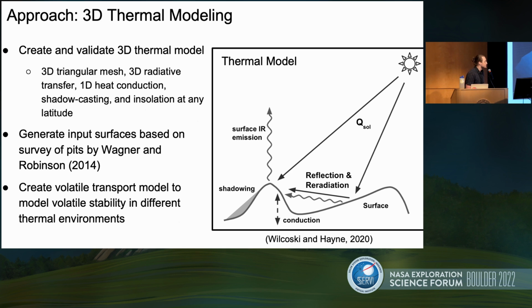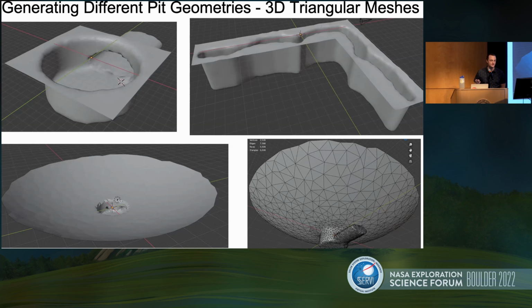I can show you a couple of examples of some different pit geometries that we can plug into this model. In the upper left, you can see just a cylindrical pit with an attached cave coming off to the upper right there. The upper right image shows you just a narrow fracture.